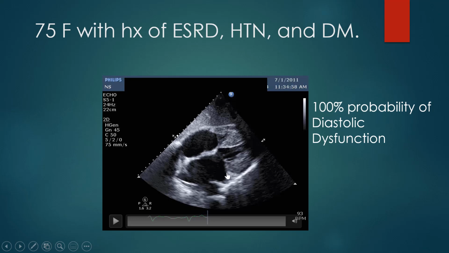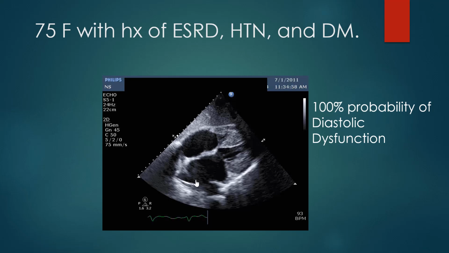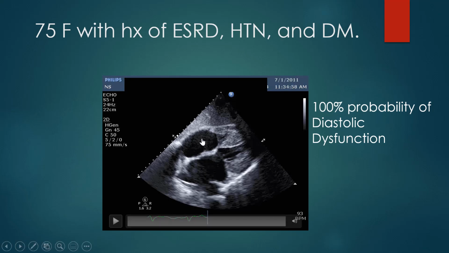For the diastology criteria, left atrial volume index is one of the criteria, which I'm not going to focus on. For us, it's going to be more qualitative: are there significantly enlarged atria or not? Here, the atria are very large compared to the overall left and right ventricular sizes and volumes. So immediately, I think this person has a very high pretest probability of diastolic dysfunction.